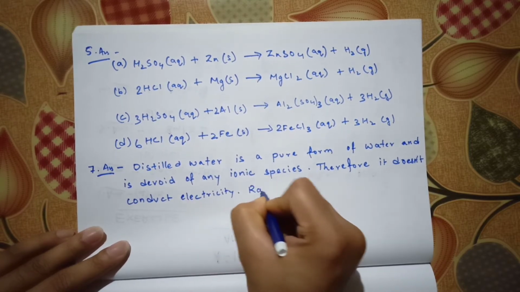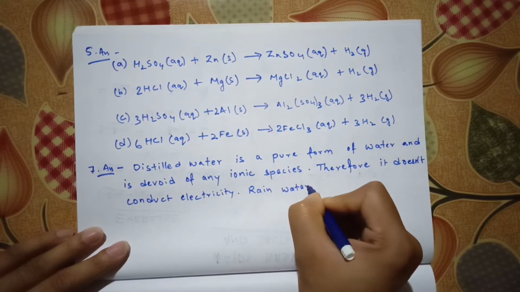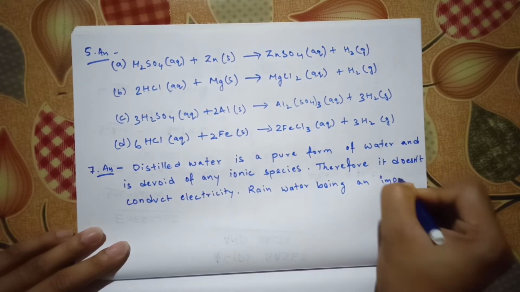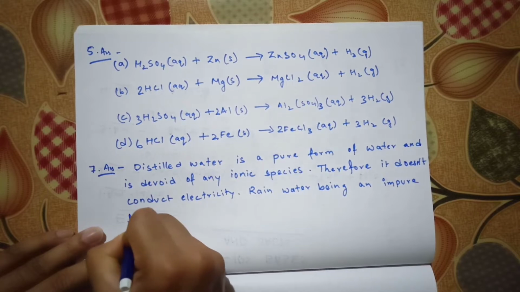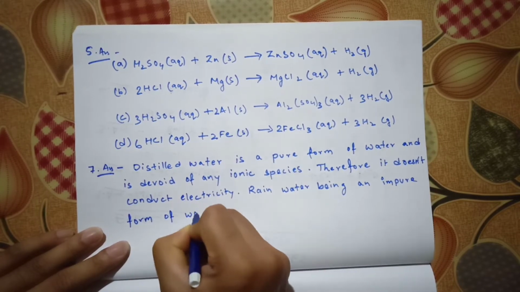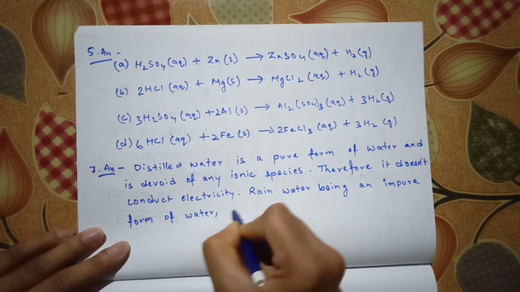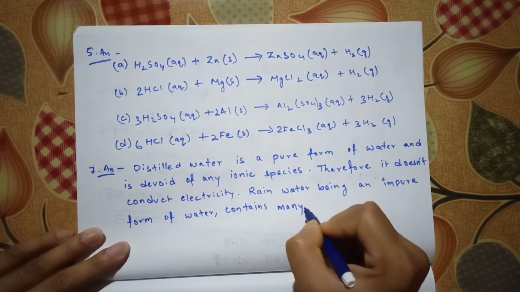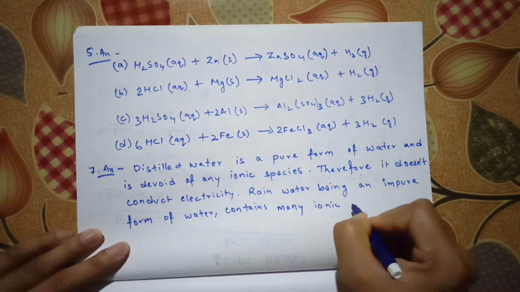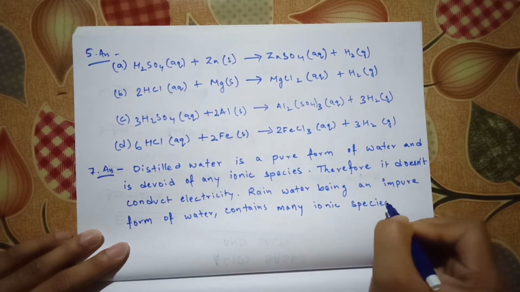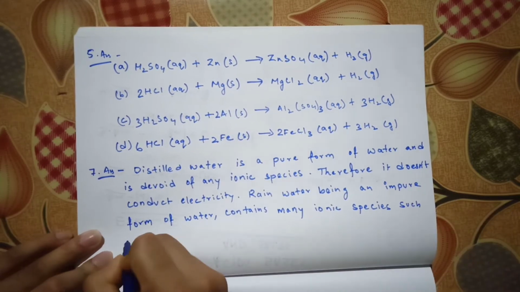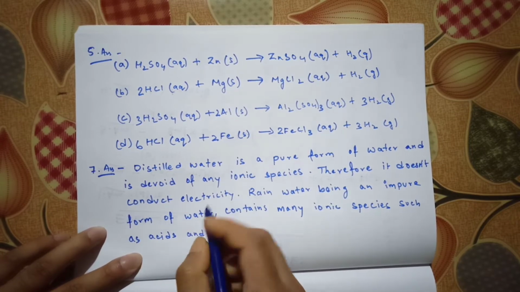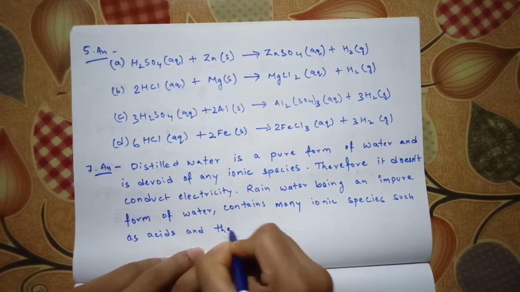Then rainwater, being an impure form of water, contains many ionic species such as acids, and therefore it conducts electricity.